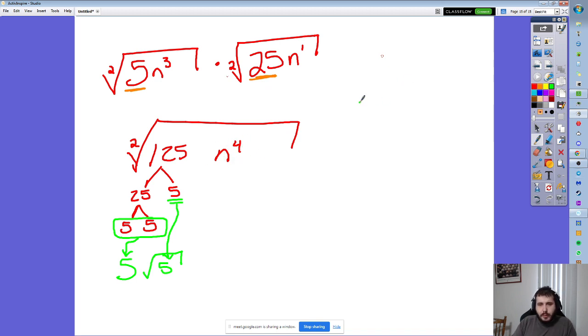And then with the letters, n to the fourth is what we're working with, and we're trying to square root it. So 4 divided by 2 equals 2, remainder 0, which means that there are 2 on the outside and none on the inside.